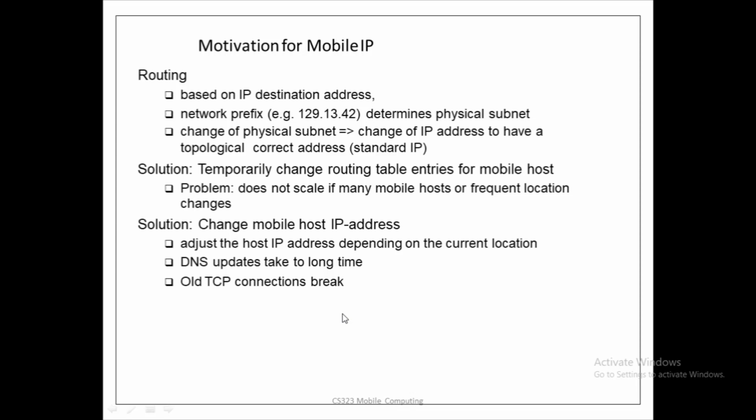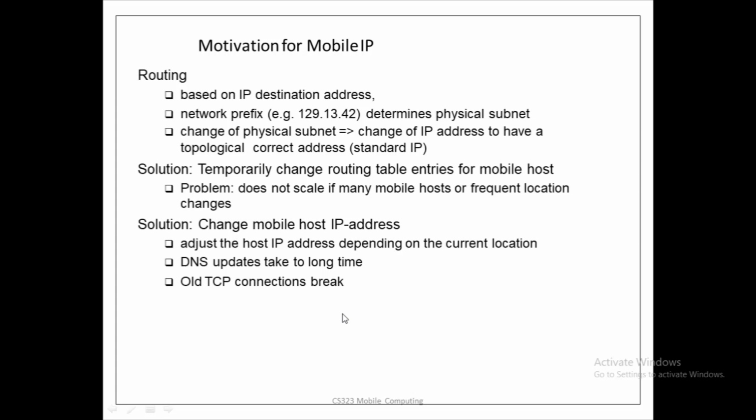Another approach is the creation of specific routes to the mobile nodes, right? And a router always selects the best fitting prefix for the routing decisions, right? So if a router now has an entry for the prefix 129.13.42 and an entry for the address 129.13.42.99, it would choose the port associated with the latter for forwarding, if a packet with the destination address 129.13.42.99 comes.